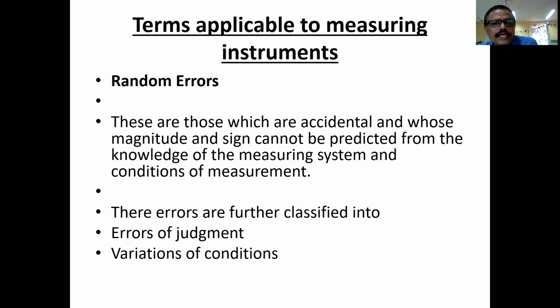So we will not know the exact magnitude and direction of the random errors. These random errors are further classified into errors of judgment and errors due to variations in conditions.